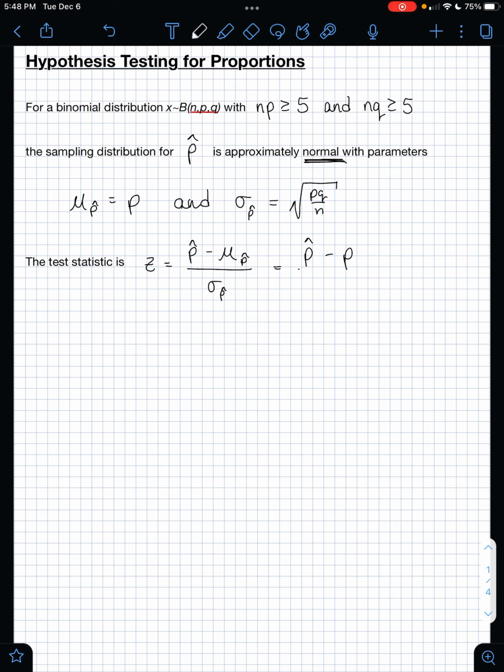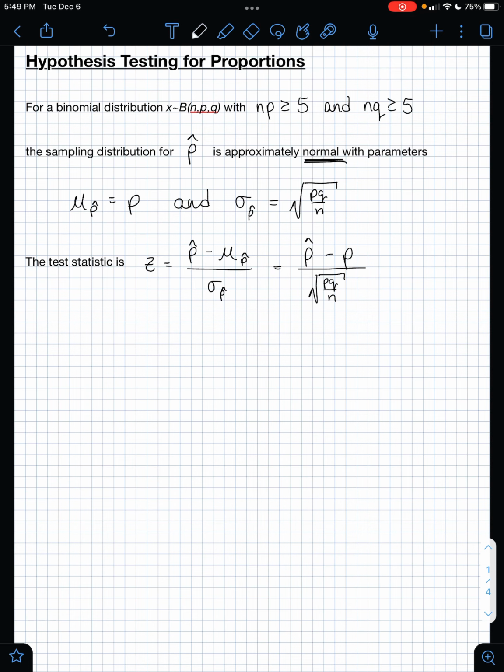That's how much our sample statistic deviates from the center of the distribution in terms of the standard deviation. This will be the test statistic that we use, whether we use a p-value or a rejection region test. That is our test statistic formula.